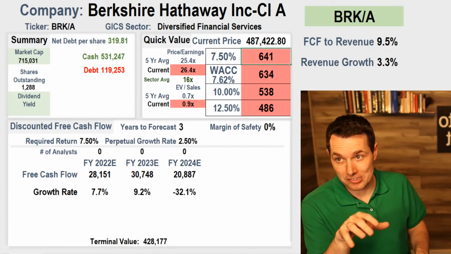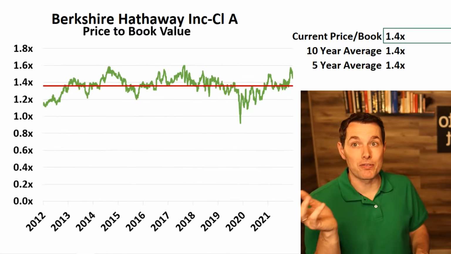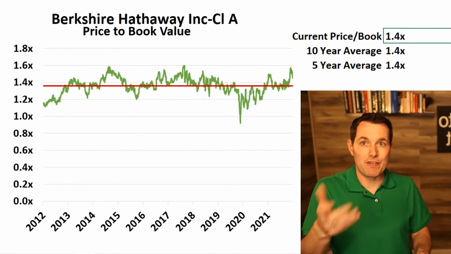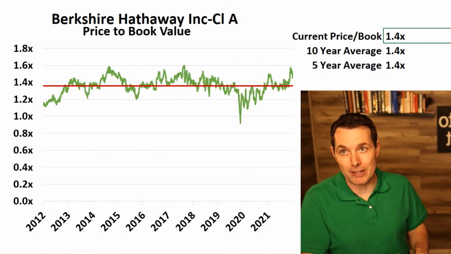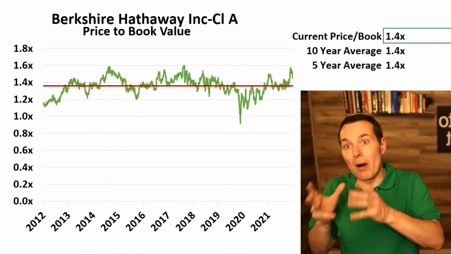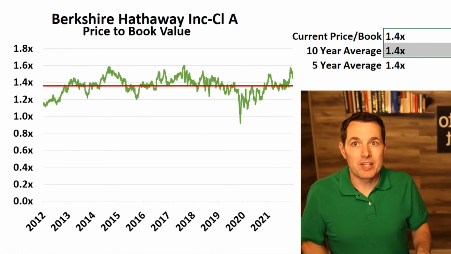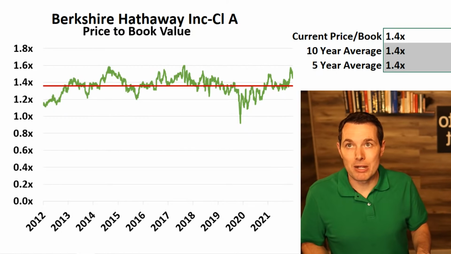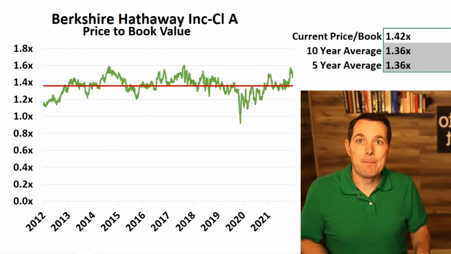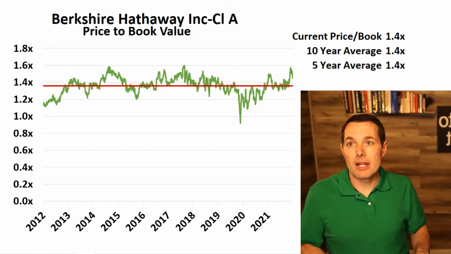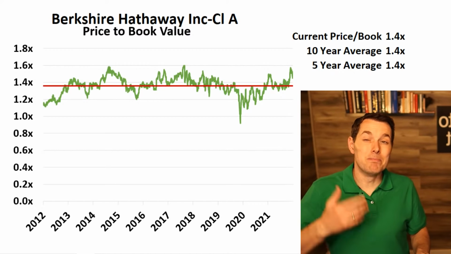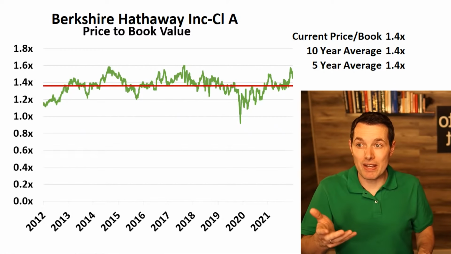Buffett, for years, has valued his company using price to book value, and this is the valuation method I would stick with. Buffett himself benchmarked it to price to book value. These all look the same, though that's a rounding thing. Right now it's above the red line, so it looks slightly overvalued.